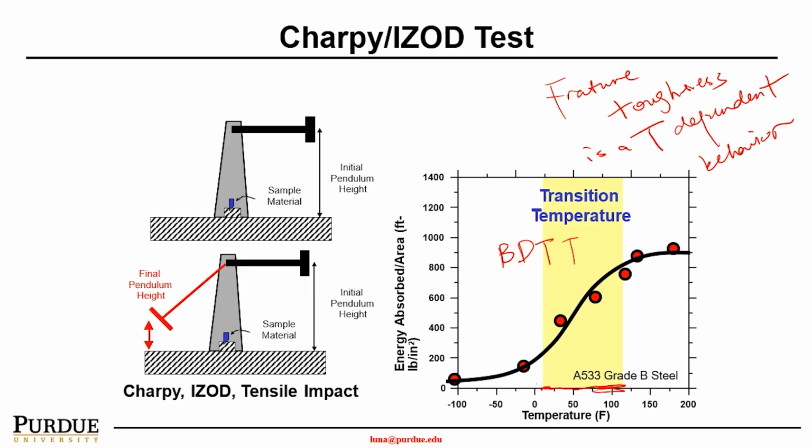Once you reach a higher temperature, as you can see, the material behaves very ductile. However, at the lower temperature, the material is very brittle. The energy absorption over the area is very small, and then it grows substantially in this area.